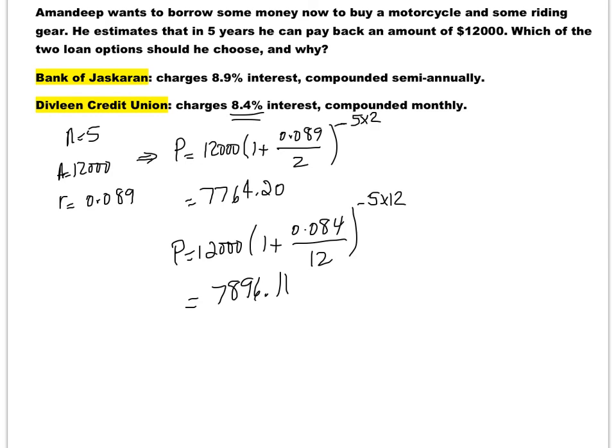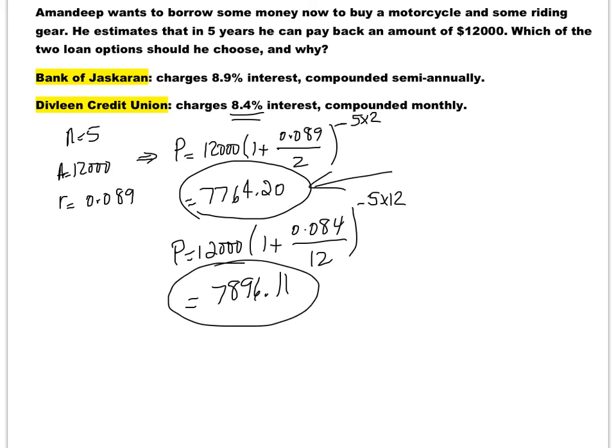Now, you can see that for the Bank of Jaskaran, you need $7,764, and for Devlin Credit Union, you need $7,896. So it's obvious that the Bank of Jaskaran is much better because you pay about $100 less.